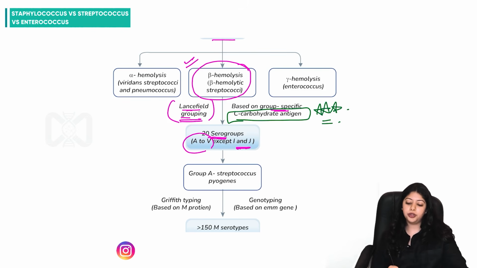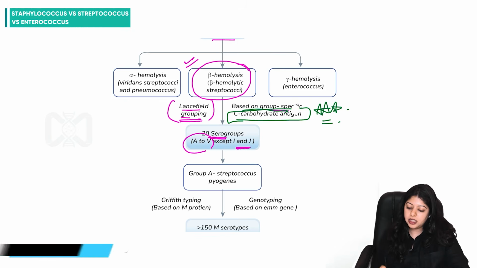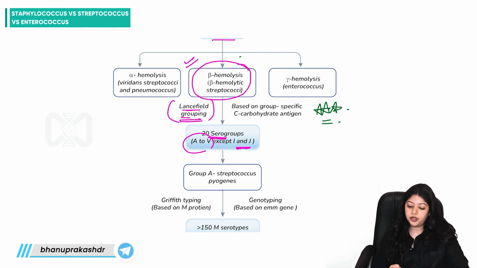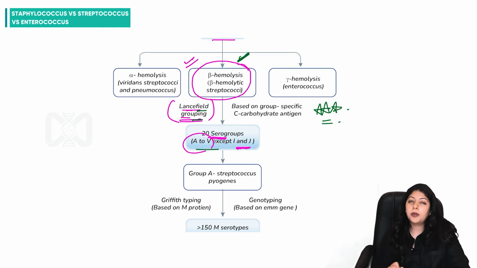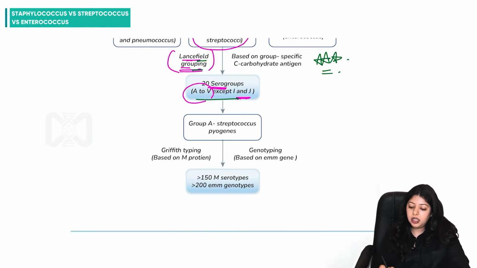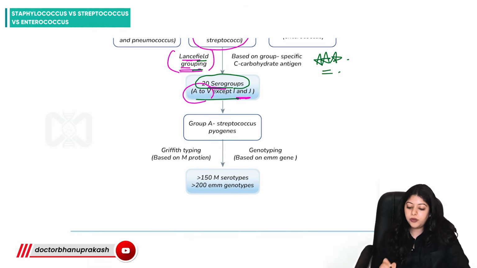So Lancefield grouping is based on group specific carbohydrate antigen. It is just the beta hemolytic streptococci which are further speciated or grouped into Lancefield groups, and under these we have around 20 serogroups.